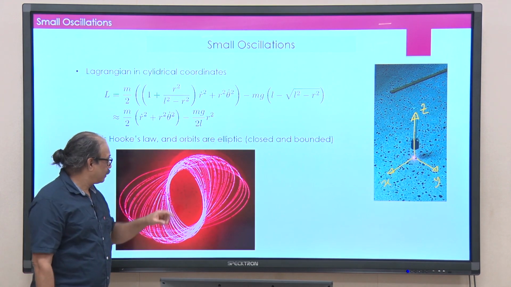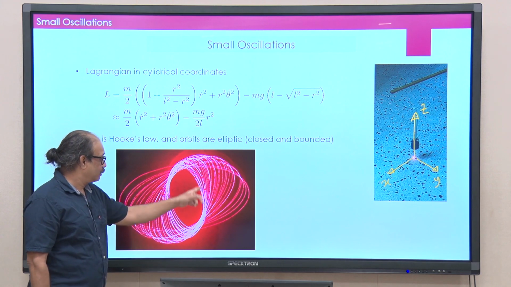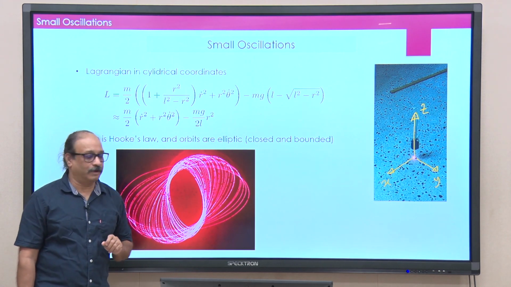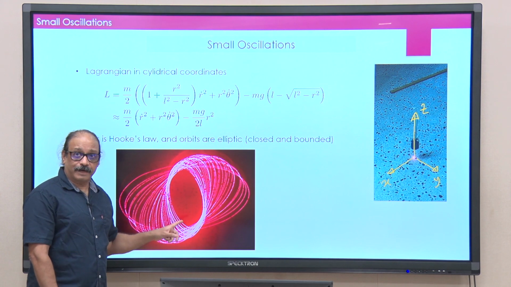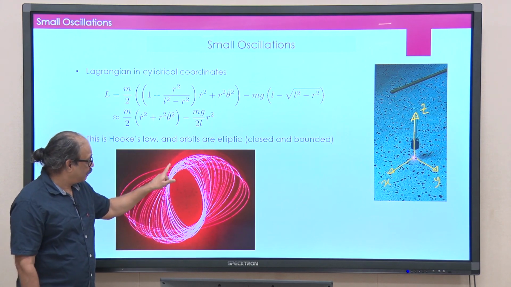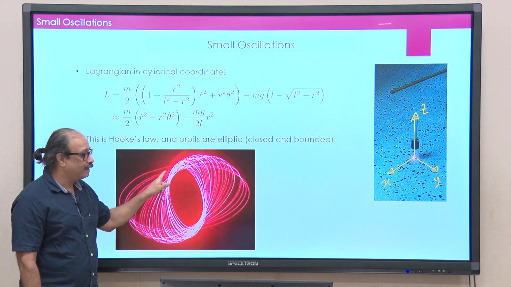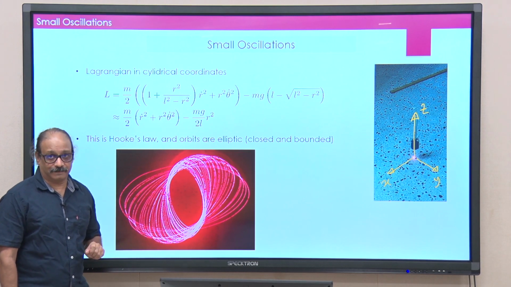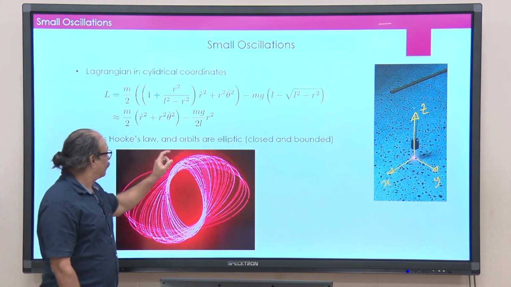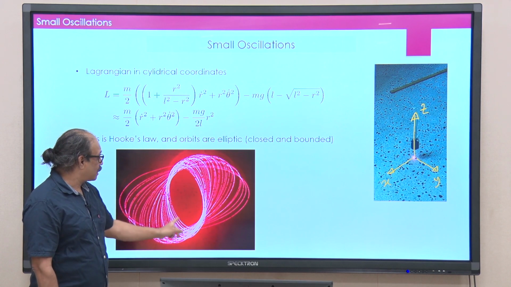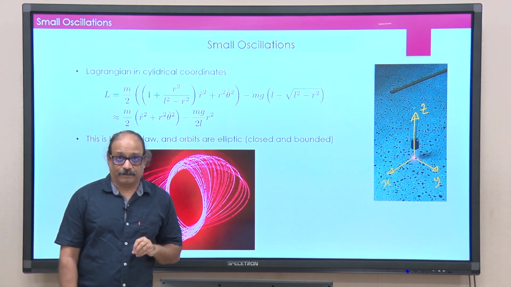So, as amplitude decreases, you can see that the swing is becoming smaller and smaller, but then as time passes, you can see that this pendulum is settling down to an elliptic orbit. Okay. And that is when this approximation will start becoming valid.